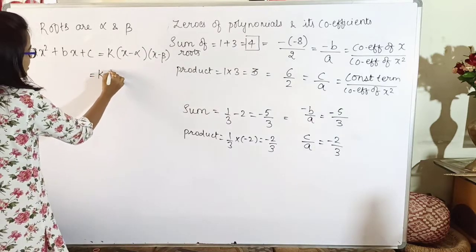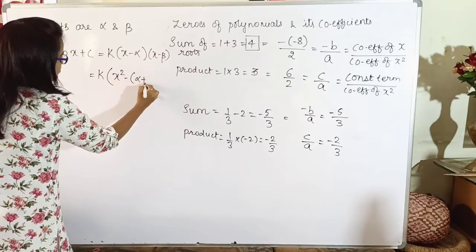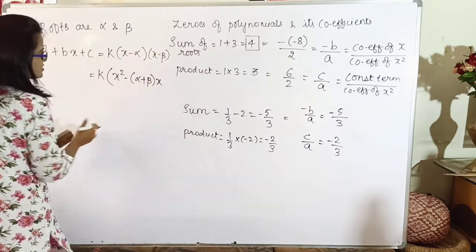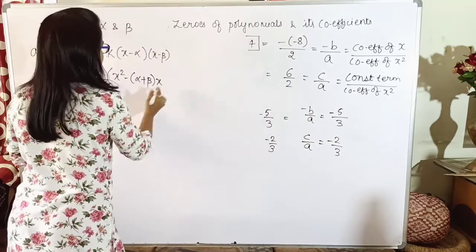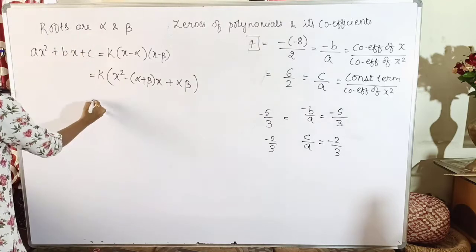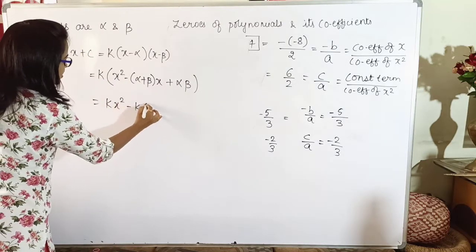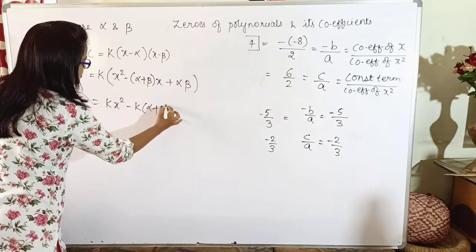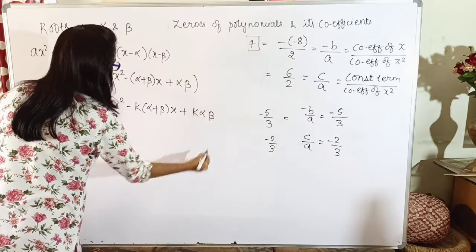It will give me k x square minus alpha plus beta x plus alpha into beta. Multiply with k, it will be kx square minus k alpha plus beta x plus k alpha beta.